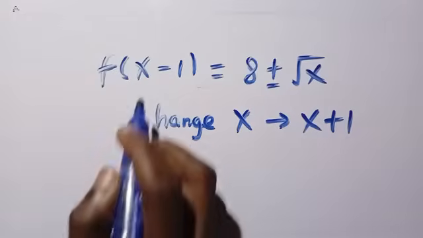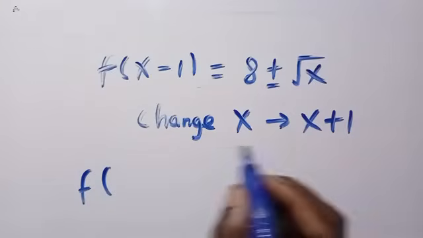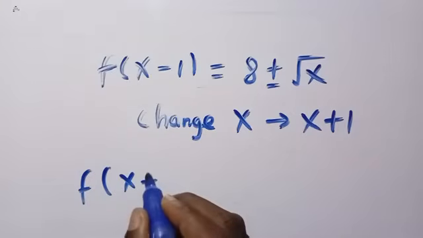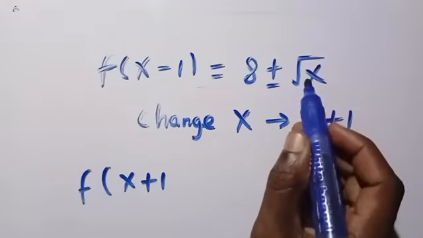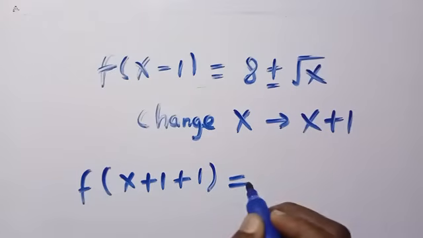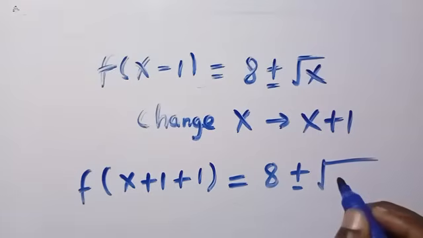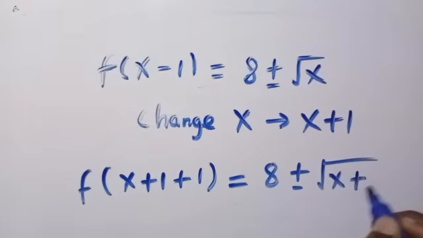So this will reduce to f of x. By doing that, we have f of, instead of x, x plus 1, and it will also affect the right hand side. Then we have plus 1 equals 8 plus or minus the square root of x plus 1.